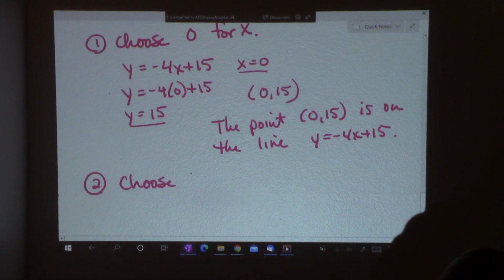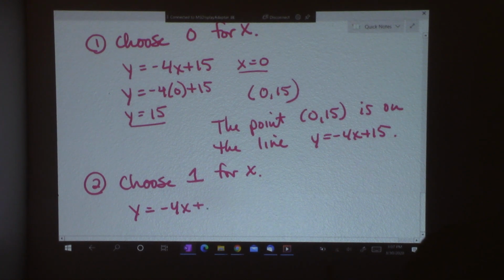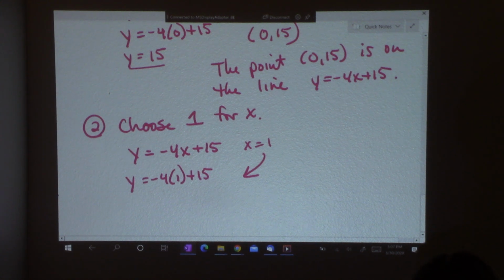So I'm going to choose 1 for x, and I'm going to find out what y is. I'm going to rewrite my equation, and now I'm going to put 1 in. So negative 4 times 1 plus 15. Now this time I don't have a 0, but 1 times anything is pretty easy.